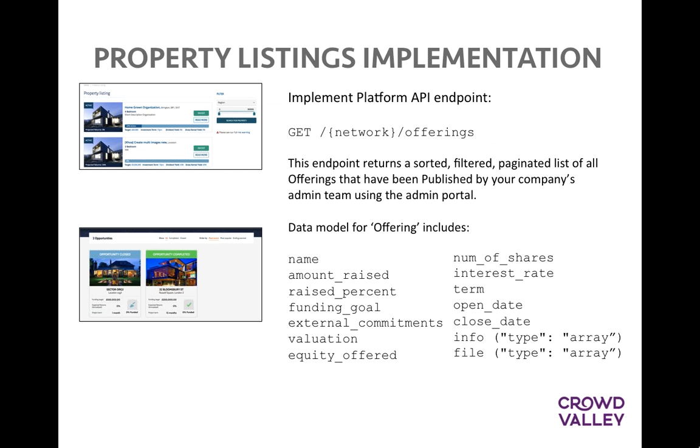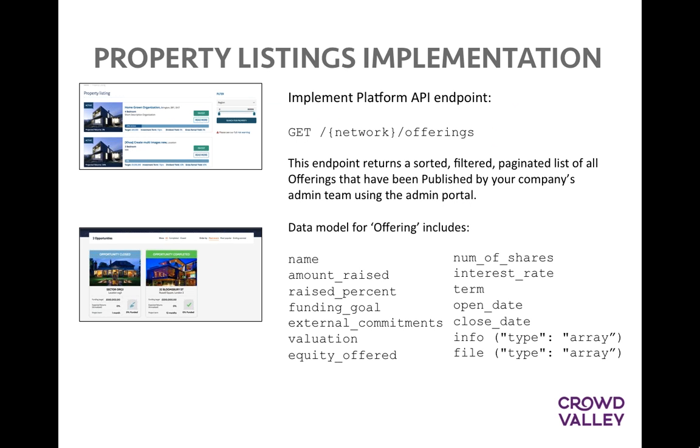So you may want to have a page that also lists properties that have been closed, that have been completed, and in that case the tag could say something else. Or you may also want to show properties that are not yet ready for funding, but they may be in a preview stage, and so you can also provide that kind of information to your investors.